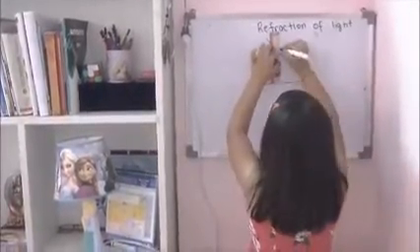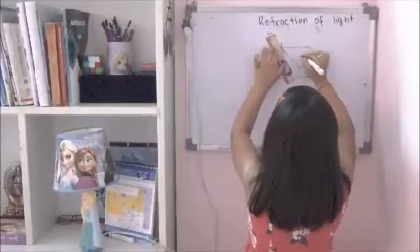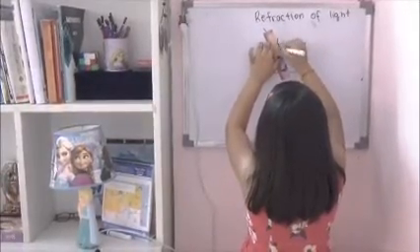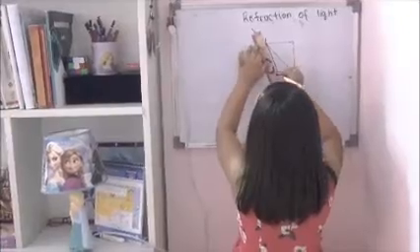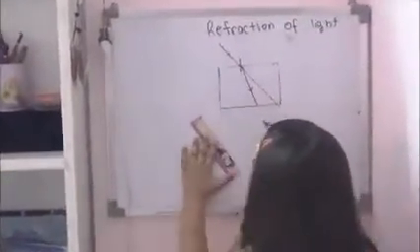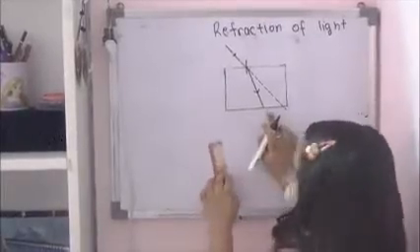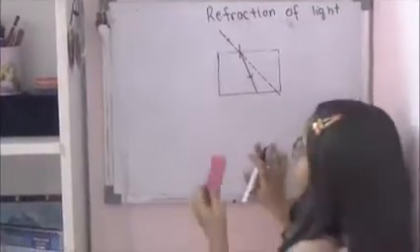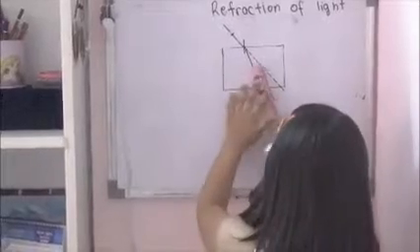But light bends. So if this is the normal, then the light bends in this direction. And now again, when the light comes out of the glass slab, so this is the normal.